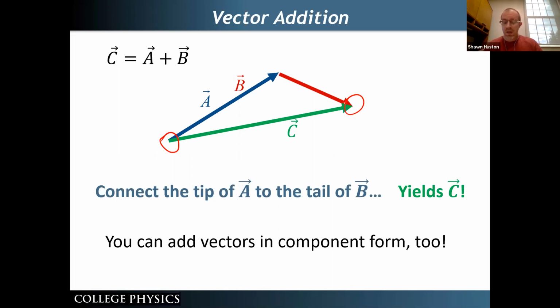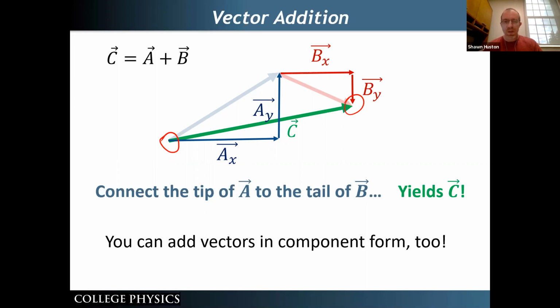We can also do this using vector components. So we can break vector A down into its x and y components. We can break vector B down into its x and y components. And then if we add those x components together, they'll give us the x component of C. If we add the y components together, and in this case we see that the y component of A is positive, the y component of B is negative, so B sub y would end up taking some of A sub y's magnitude off, then we would get C sub y.